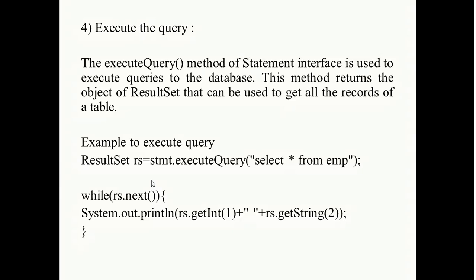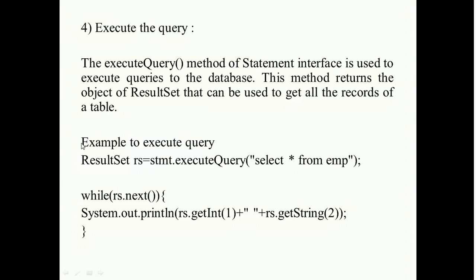Emp is nothing but the table name. While rs.next(), print System.out.println in brackets rs.getInt(1) plus rs.getString(2). This indicates column 1 and column 2.